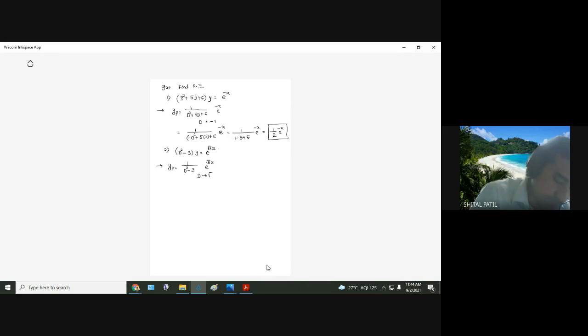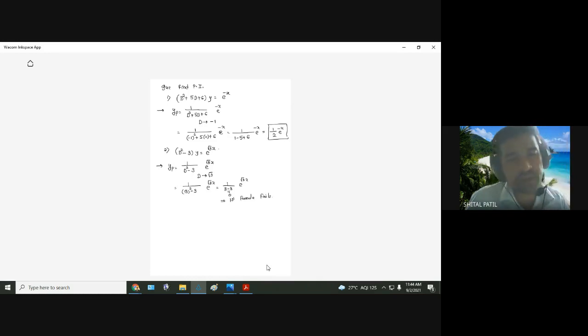D is to be replaced by root 3. So 1 upon root 3 square minus 3. No change in the function. So that will be 3 minus 3. So what is the conclusion? First formula fails. First formula is not applicable. You can write like this.